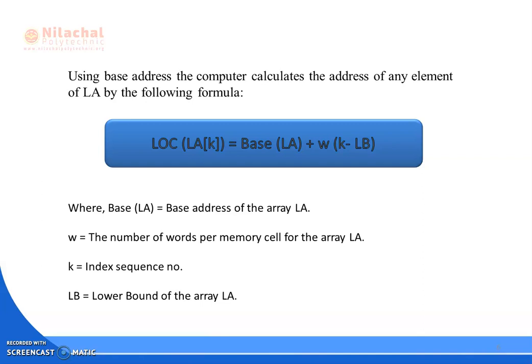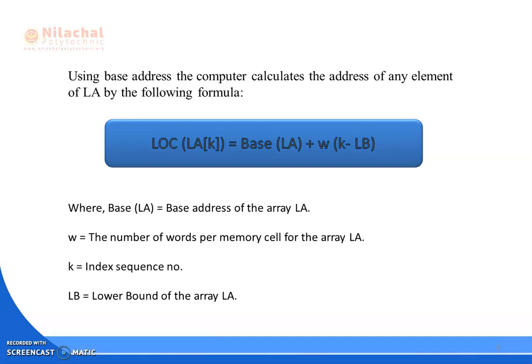Next, W is the number of words per memory cell for the array LA. That is, W is the size of each and every element in the array, that is, how many bytes of size per memory cell is given.